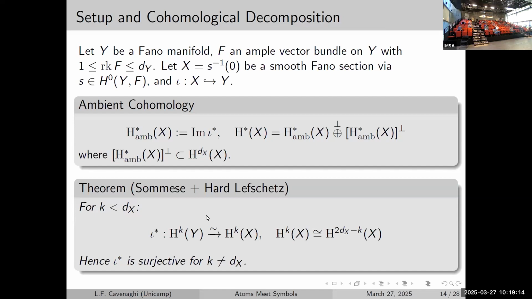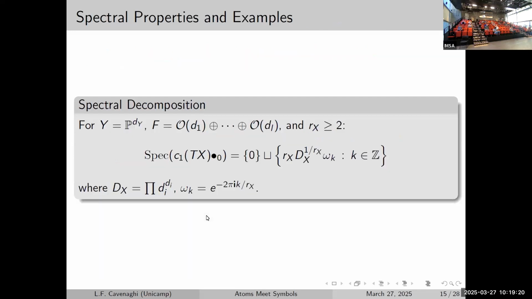How do we use this to compute these splitting homologies that are supposed to be these atoms? If you pick Y to be projective space, then you choose this as your ample vector bundle.